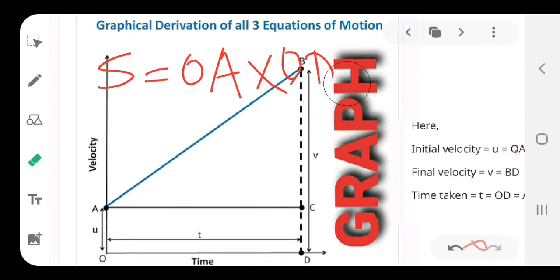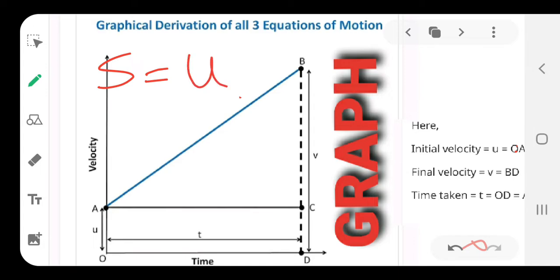Now, just put in the values and see what you get. In case of the rectangle, OA into OC will be U into T, because OA is U and OD is T. And for the triangle, half, what is the base here? The base is again AC, which is nothing but T only.